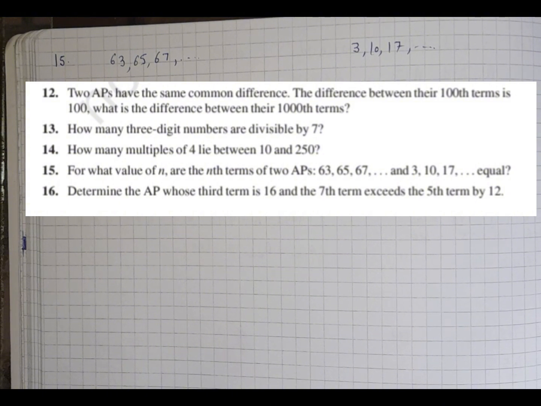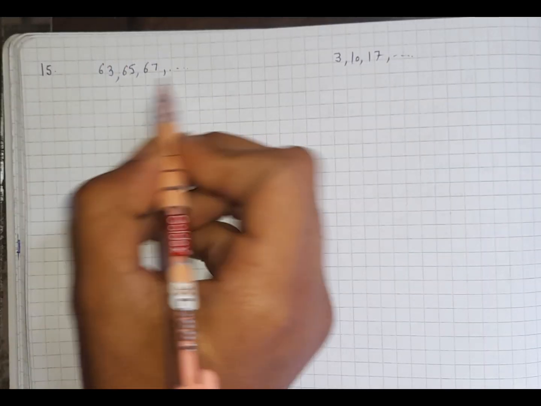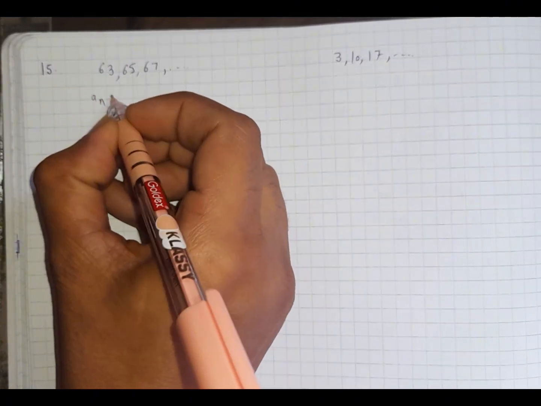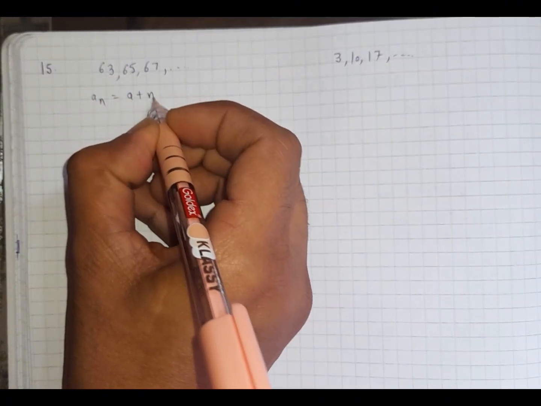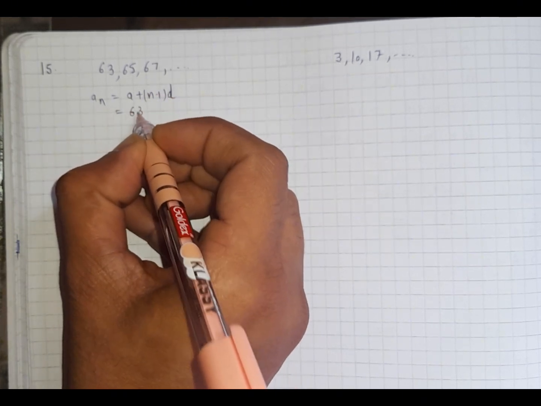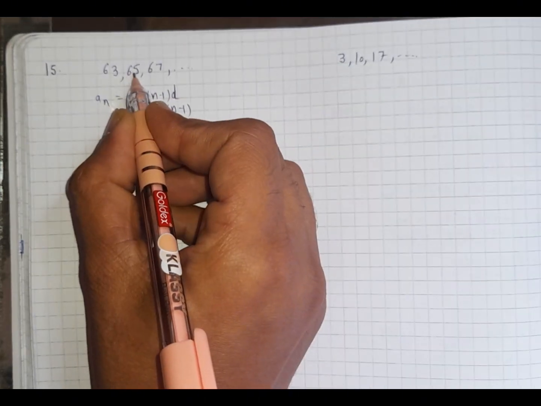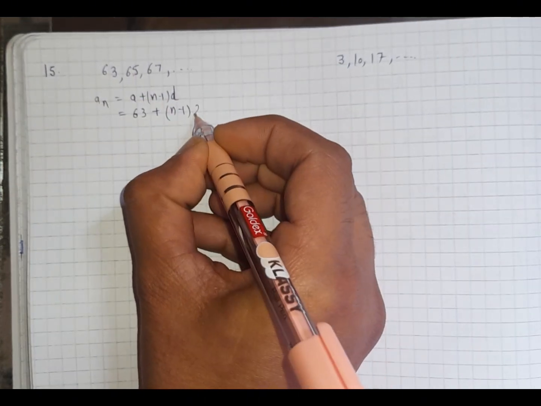15th question. For what value of n are the nth terms of the two APs equal? Now the nth term of the first AP equals a plus (n minus 1) into d, that is 63 plus (n minus 1) into d. d equals 65 minus 63, that is 2.